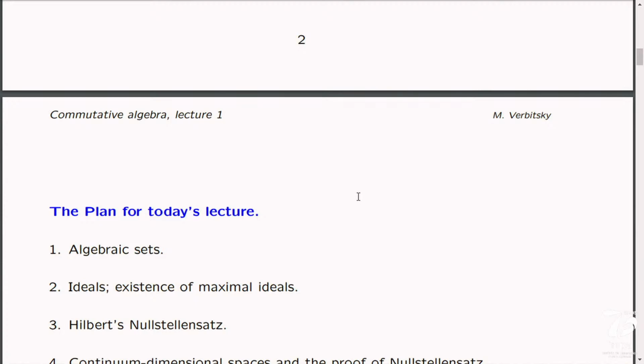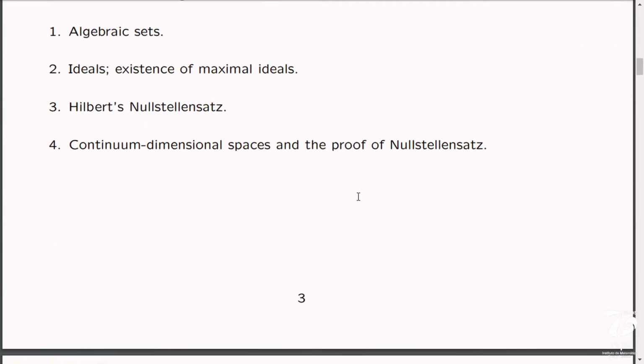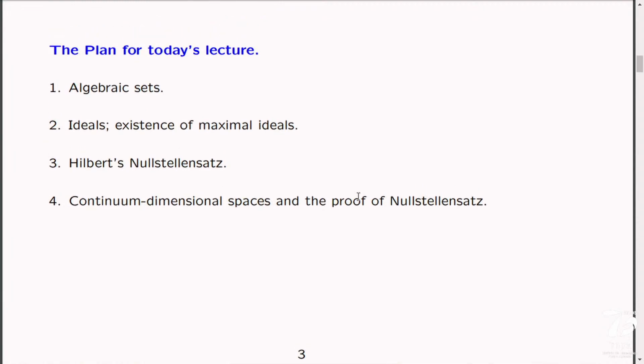Okay, so the plan for today's lecture is I start with algebraic sets. The plan is more or less the same as the first lecture on algebraic geometry: algebraic sets, ideals, and the Hilbert Nullstellensatz, which allows us to connect commutative algebra and geometry.